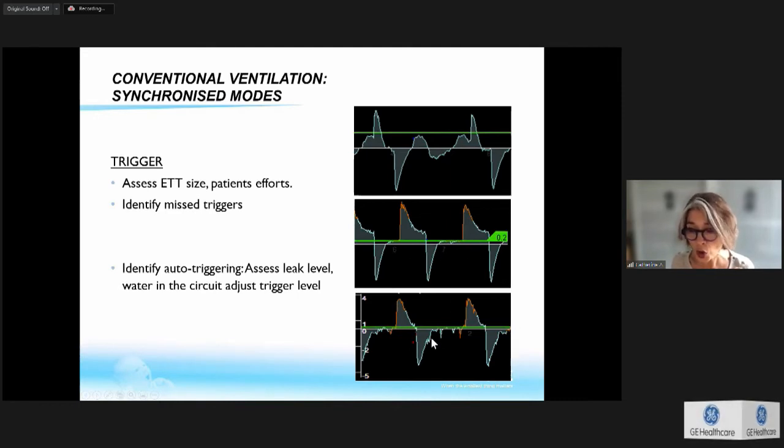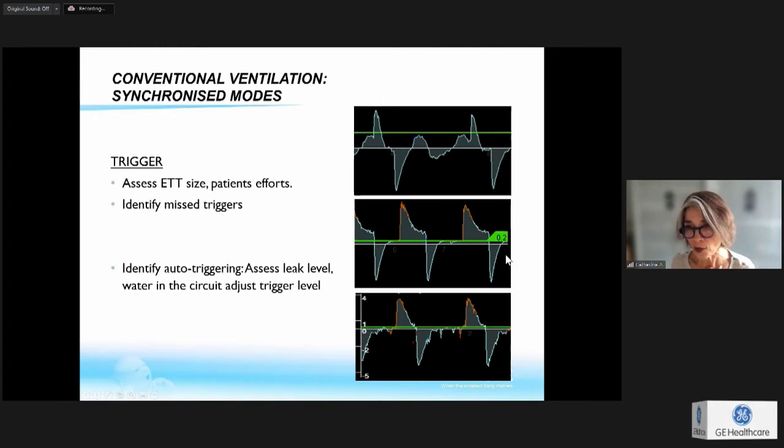I have some auto triggering. If I see that, what I have to do here is to go up on the trigger. Okay, so here I will go from 0.4. I have to make sure that it goes above the flow line here at the end of the exhalation.